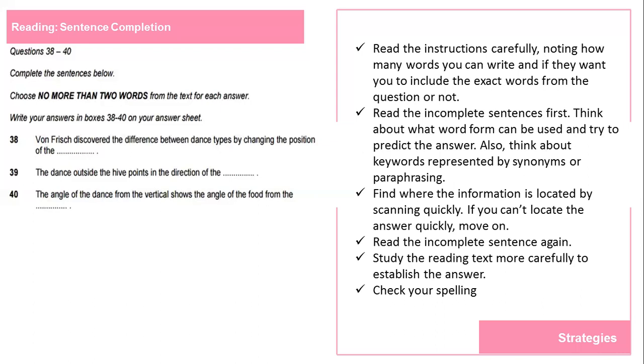Kemudian I will go to the text, and I will try to find in which part of the text that I can find the keyword from the questions. Jadi saya akan cari font phrase, saya akan cari tense type, saya akan cari positions di bacaan yang diberikan. Kemudian saya baru akan baca bagian tersebut dengan hati-hati untuk mencari jawabannya.